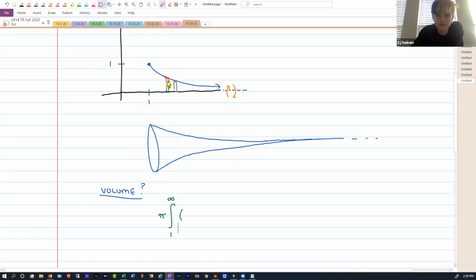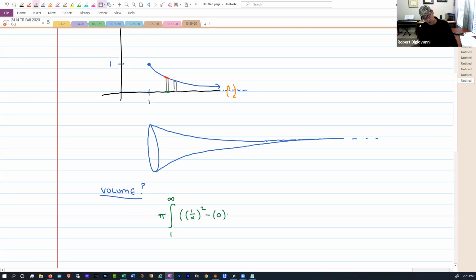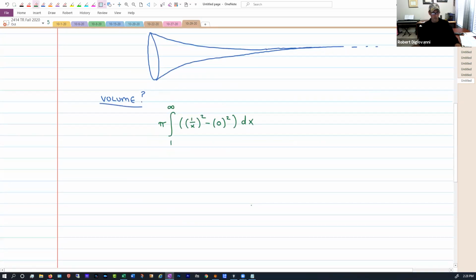It's just f of x, which is just 1 over x. That's my outer radius squared, minus the inner radius, which is just 0 squared, dx. And that's just integral 1 to infinity of 1 over x squared dx. Does anybody remember what that integral is?